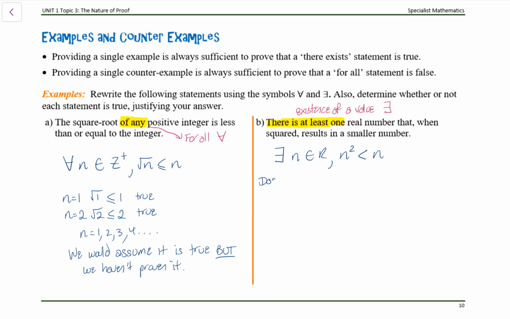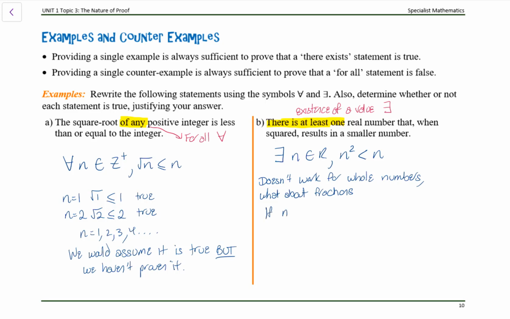So it doesn't work for whole numbers. What about fractions? Now note, it's the existence. There exists. We only need to find one example that works.